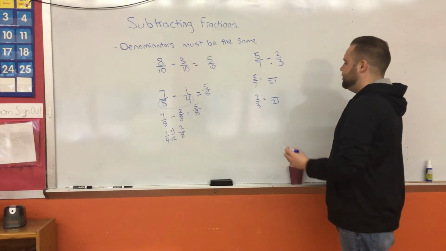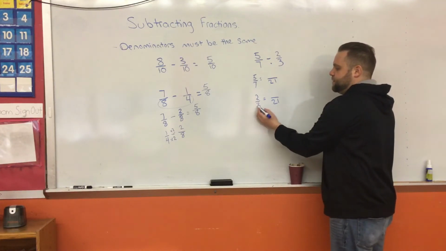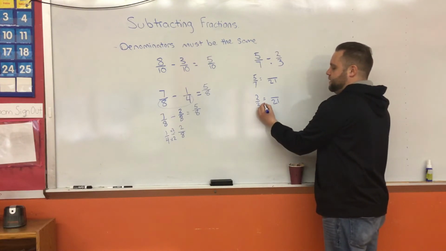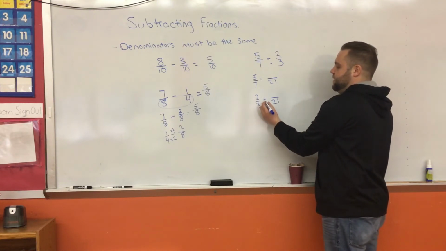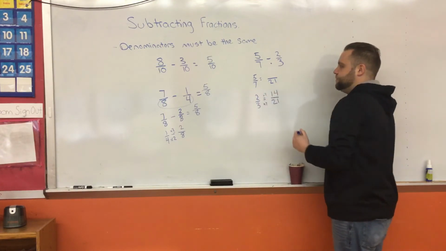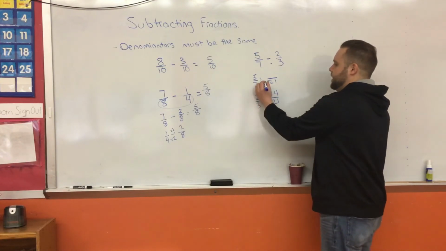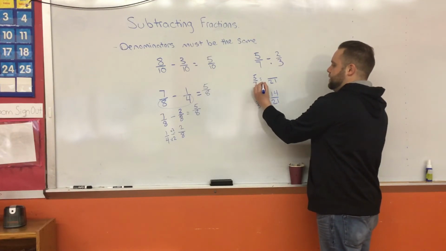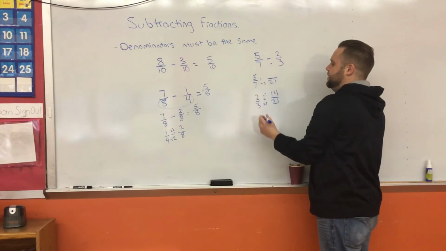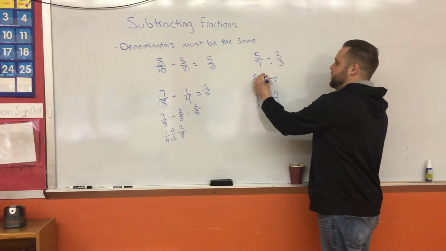Now we get from 3 to 21 by doing what? Times 7. Whatever you do on the bottom, you have to do up top. 2 times 7 is 14. Same thing here. 7 times what is 21? It's 3. What do we do on the bottom? You have to do up top.